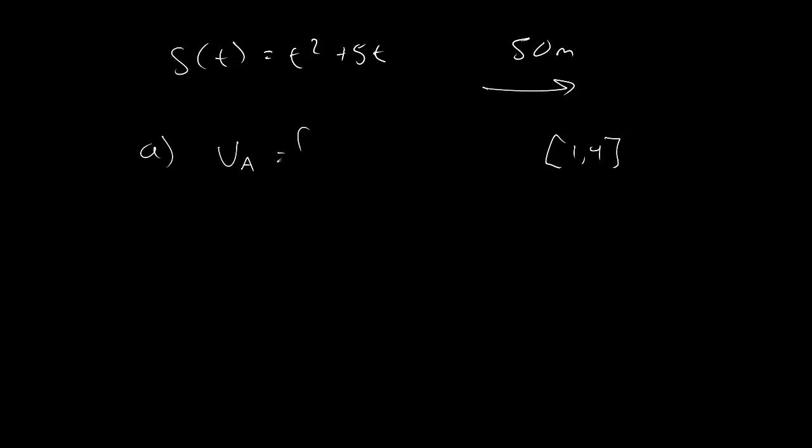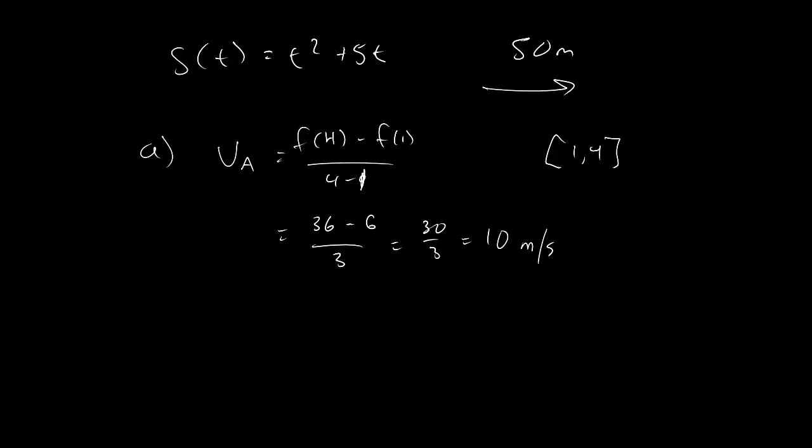So this is going to be f of b minus f of a all over b minus a. So, oh gosh, mental math. This is going to be 16 plus 20, so 36 minus 1 plus 5, which is 6, all over 3. So this is going to be 30 over 3, which gives me 10. So my average velocity is going to be 10 meters per second.